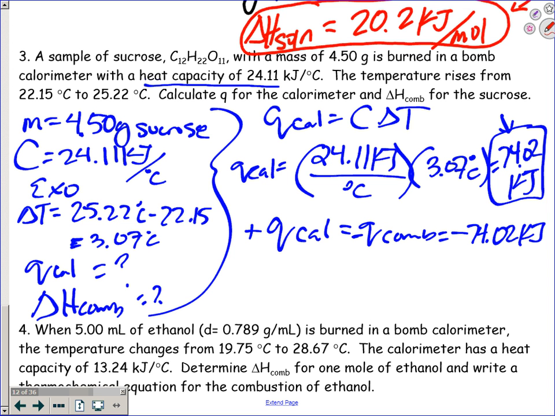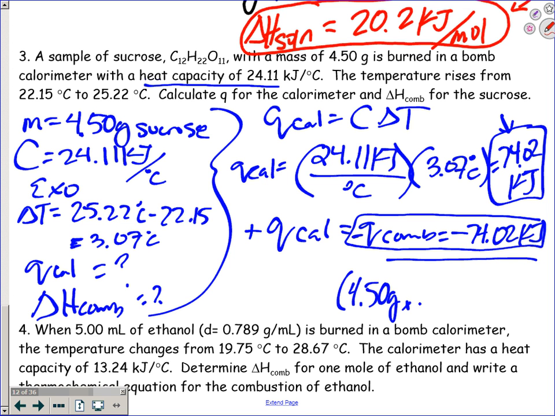So this is the answer to Q cal. How do I get Q com, I mean delta H com? Q cal over moles or Q com over moles? Q com, so Q combustion, so I have to have the negative Q divided by moles. The molar mass of sucrose is 342.3 grams per mole, so 4.5 grams divided by 342.3 gives the moles.